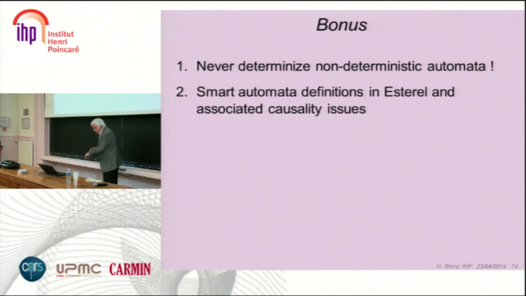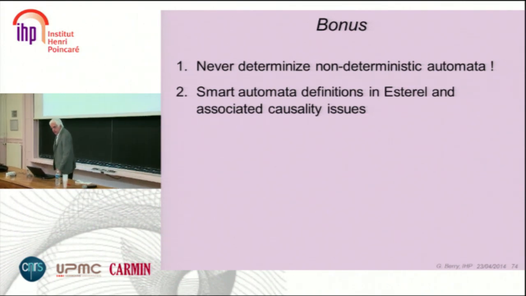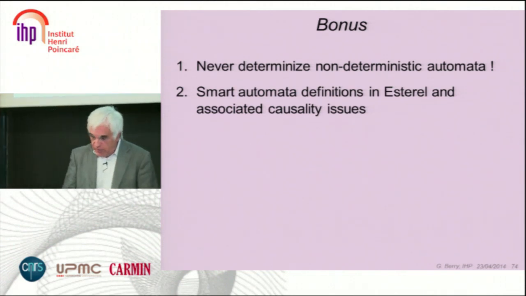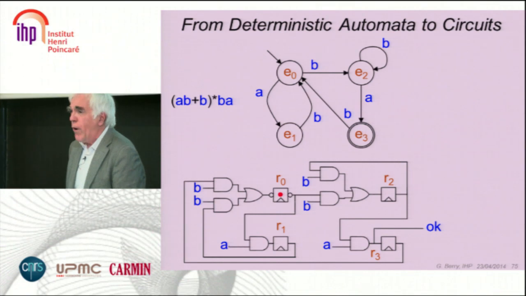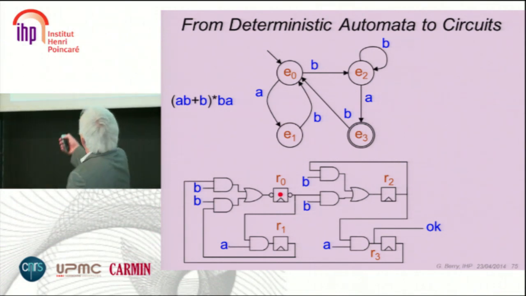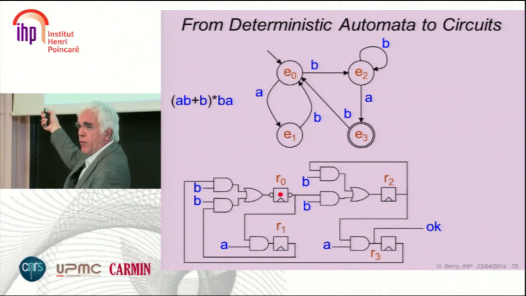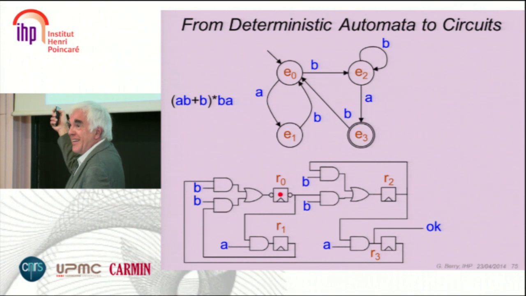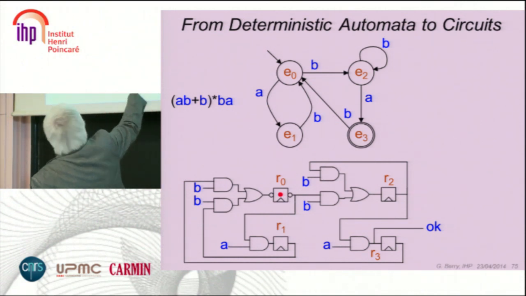Good. For the bonus, I want to show you why you should never determinize non-deterministic automata. That's the worst naming ever in computer science, I think. Look why. Here is my preferred expression. If you have read the Berry-Sethi paper on translating regular expressions into automata, we are talking about this expression, and this is the deterministic automaton.